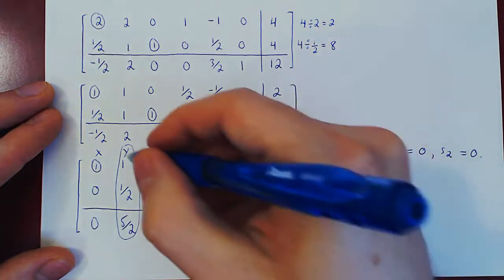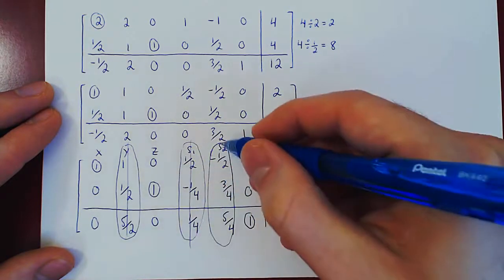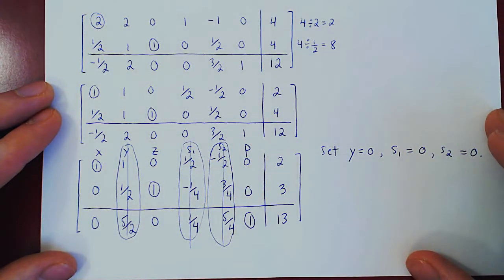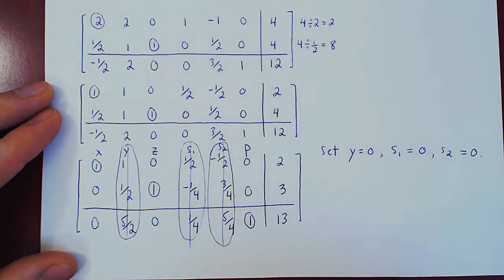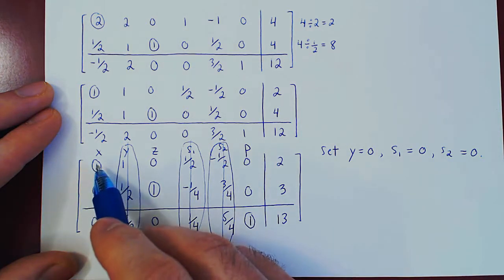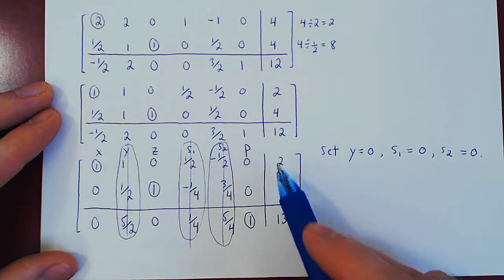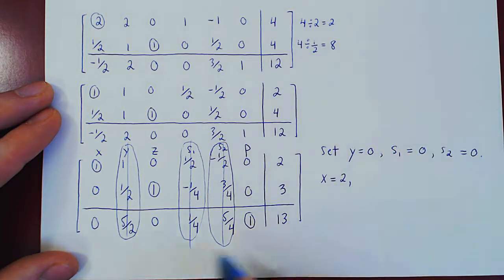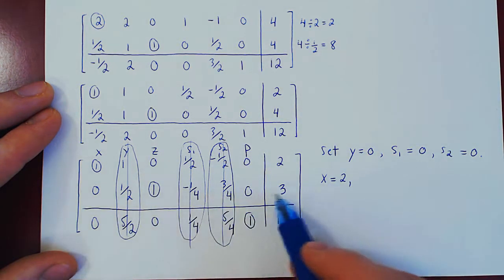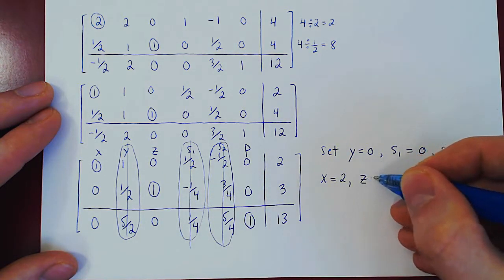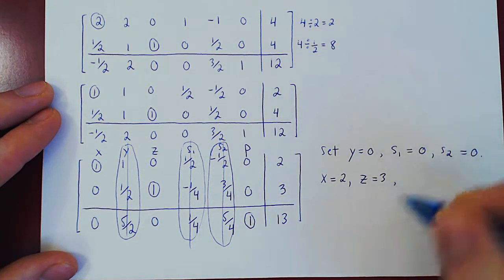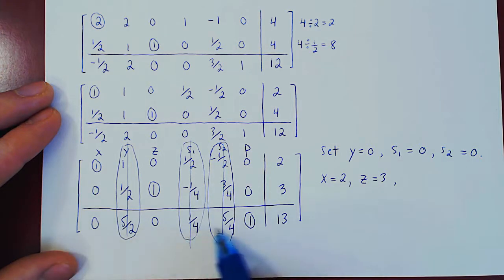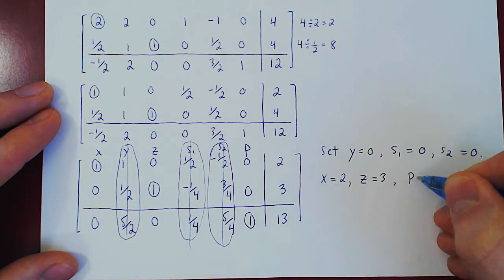And so we can ignore them. And now we can use the pivoting 1 to solve for the corresponding basic variables. If you look at x, x equals 2. Z equals 3. And P equals 13.